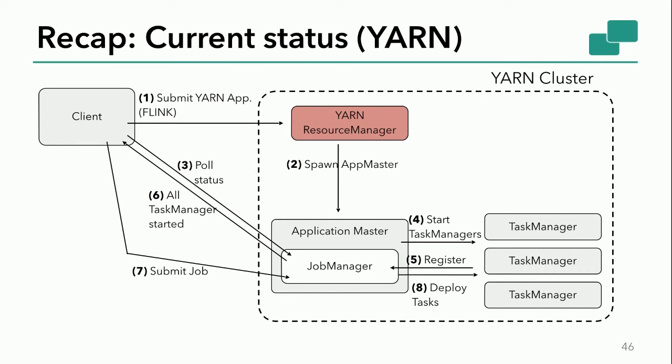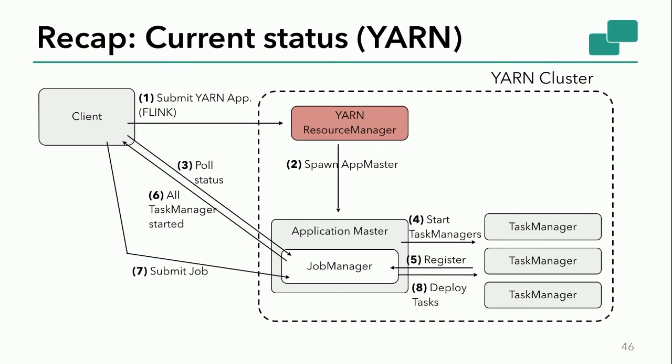But what happens when Flink is running on YARN becomes quite a bit more complicated. This is again the current status, the broken way that we're trying to fix. Now instead of the client submitting a job, it's actually submitting the Flink application. It submits that to the YARN resource manager, which in turn spawns an application master, which contains a job manager.